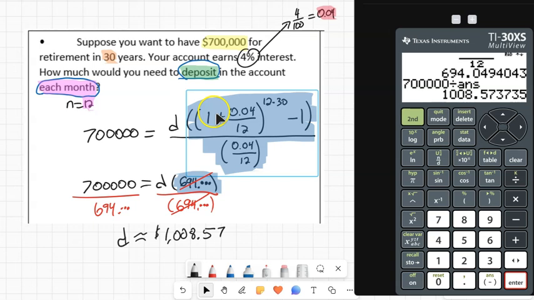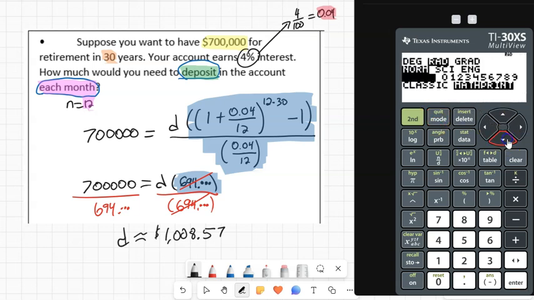Okay, if you do not have the math mode, then it's important to know where the parentheses are set. So this would be parenthesis 1 plus 0.04 divided by 12, close parenthesis, exponent.